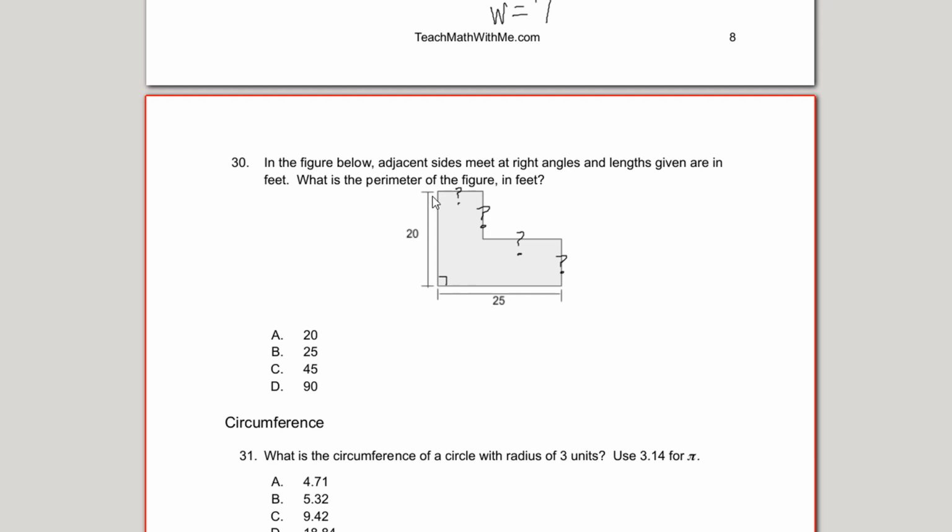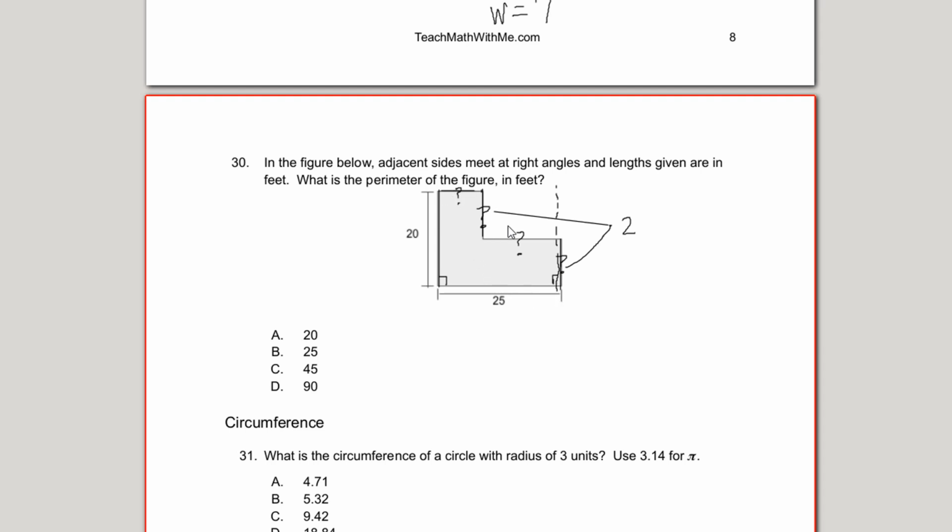Okay, so let's take a look at this. If this total side length is 20, then since we meet in right angles, our lines are parallel, would not this plus this come to be 20? It would, wouldn't it? We have this full length, that's 20. Same thing on the opposite side.